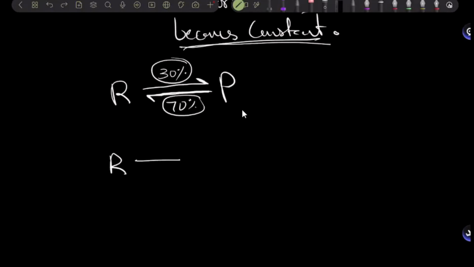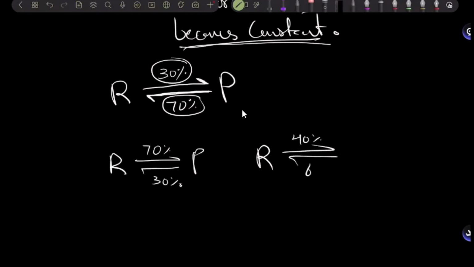The same thing can happen if the reactants decide that the forward reaction should be 70% in every second, and the backward reaction should be 30%. This is also a state of equilibrium because now the forward and backward reactions have become constant. This split could also be 40% forward and 60% backward. Again, the reactants and products have made it constant: the forward reaction would be 40% in every second, and 60% of the products will go back and form reactants in every second. So it's constant.